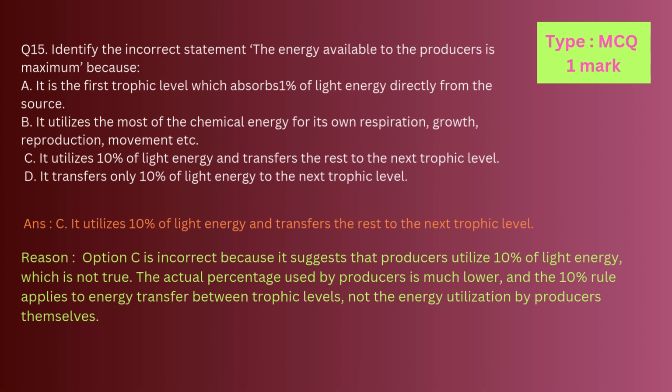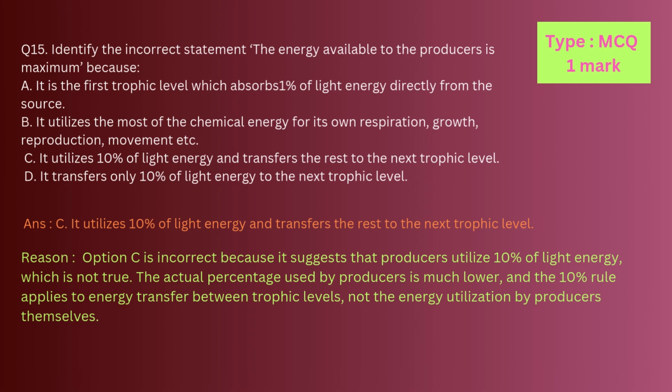And D, it transfers only 10% of the light energy to the next trophic level. Mind you, we need to identify the incorrect statement. And the one which is not correct is our answer, which is C. It utilizes 10% of light energy and transfers the rest to the next trophic level.